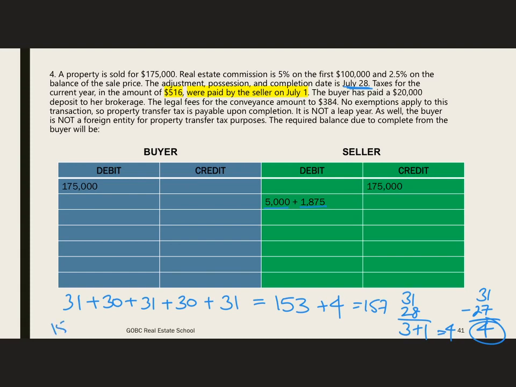So 157 divided by 365. When you do that and you get whatever the decimal is, then you would multiply that by the $516 to get the amount of the tax that the buyer is responsible for. Then you would debit that to the buyer and credit that to the seller.